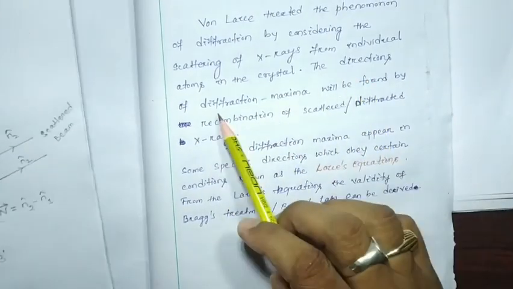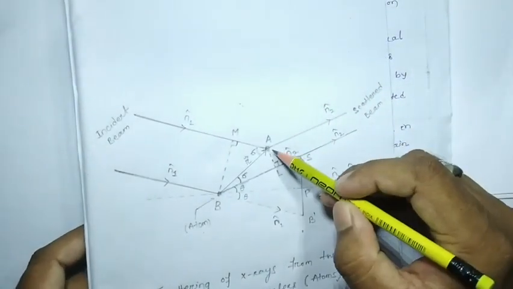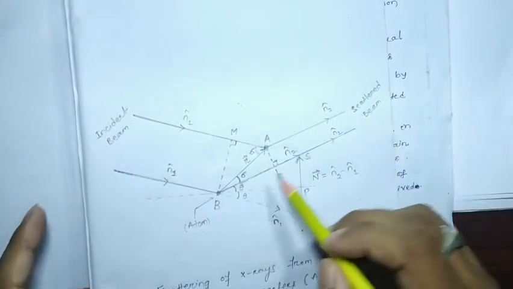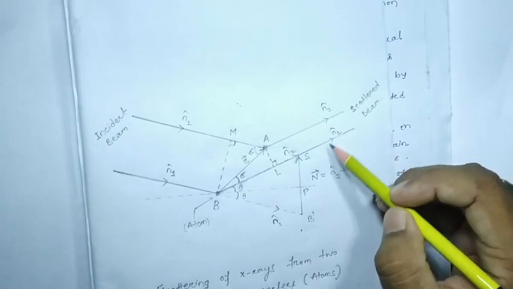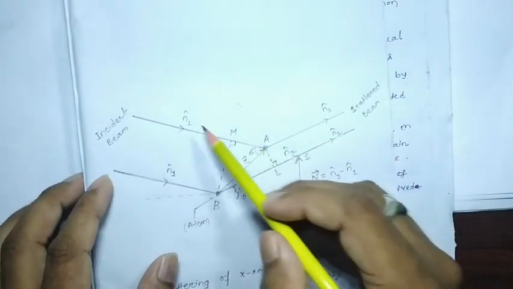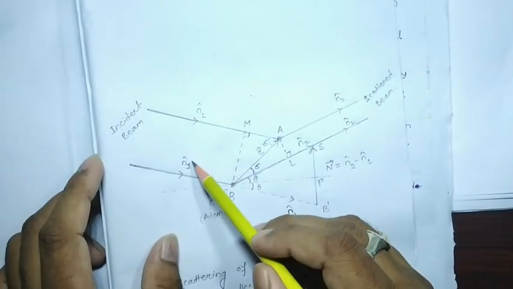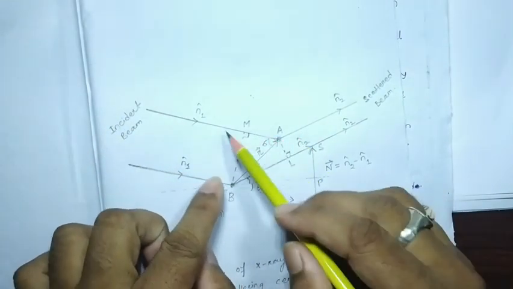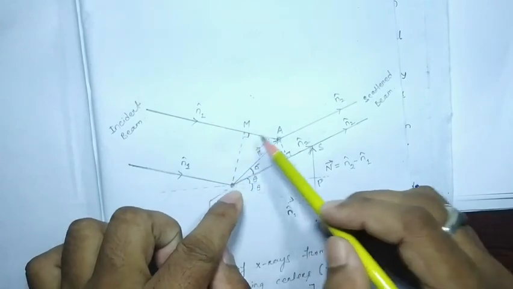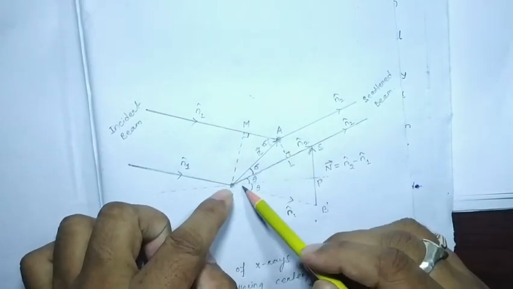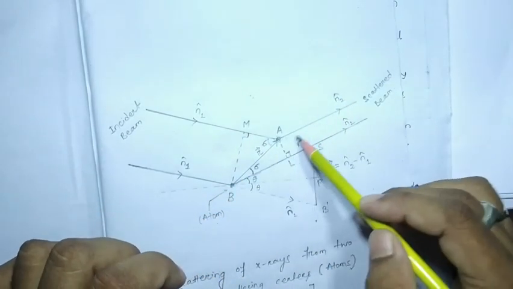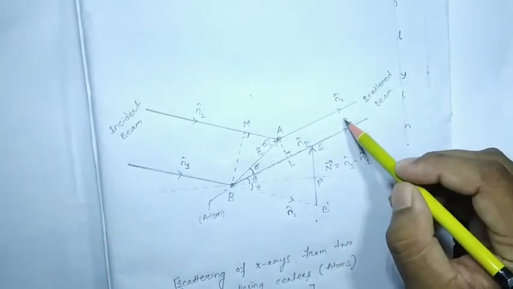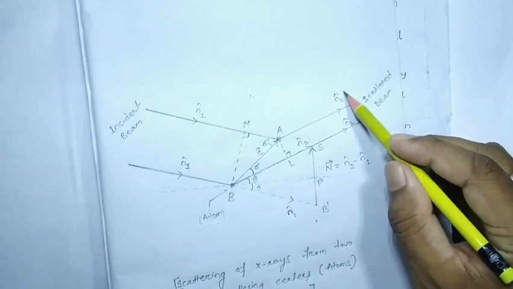Here these are the scattered beams, or we can say reflected or diffracted beams. These two, N1 cap and N1 cap, are named as the incident beam. When these two X-rays interact with A and B, they are scattered, or reflected, or diffracted in this way, which is named as N2 cap and N2 cap.